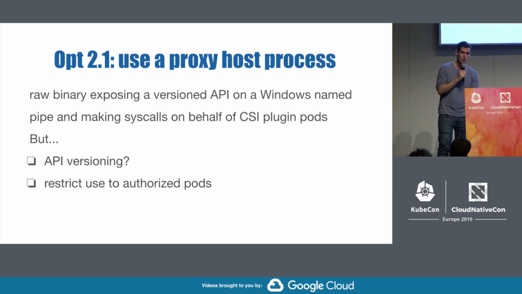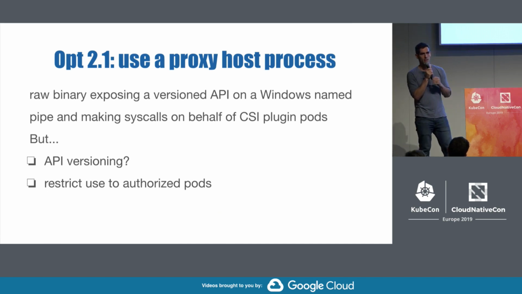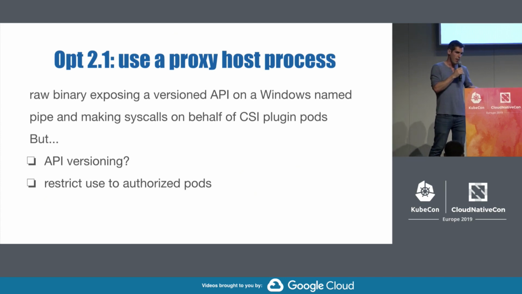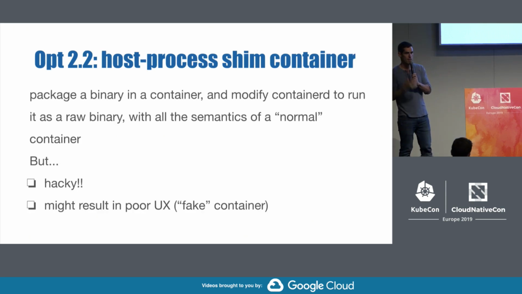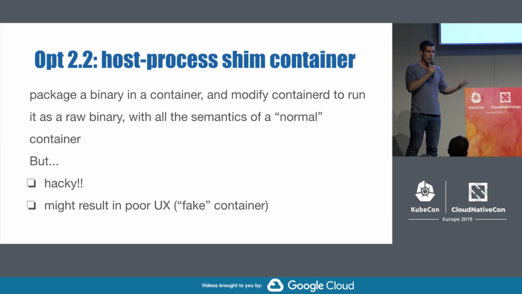There are also security concerns. You want to make sure that access to this named pipe is restricted to only the CSI pods, and not any random pods can talk to it. That can be solved in part by RBAC policies, but there are still more potential issues to think about there. And the second option is to say, OK, we're still going to run in containers so that we can leverage what Kube knows how to do.